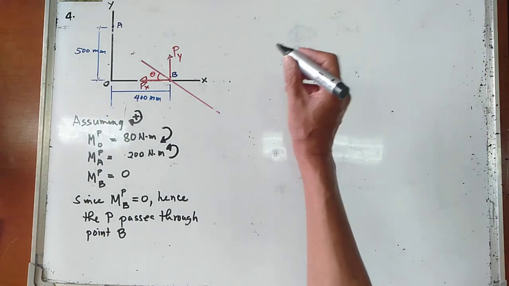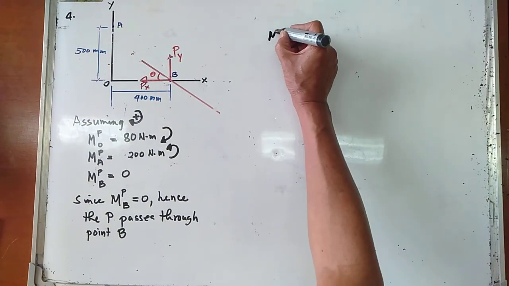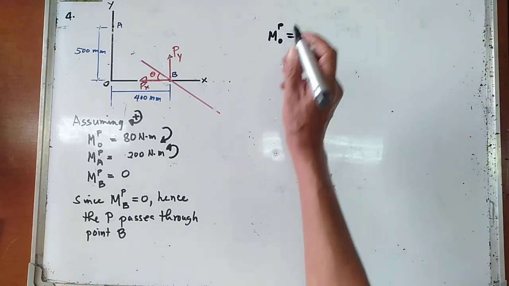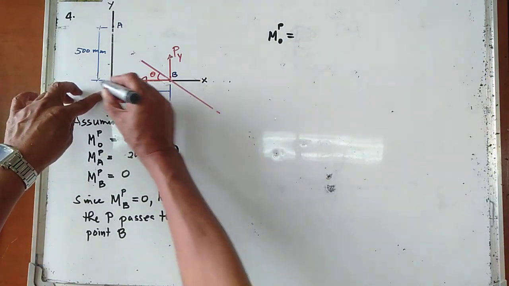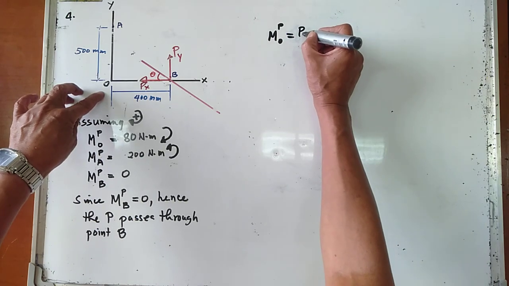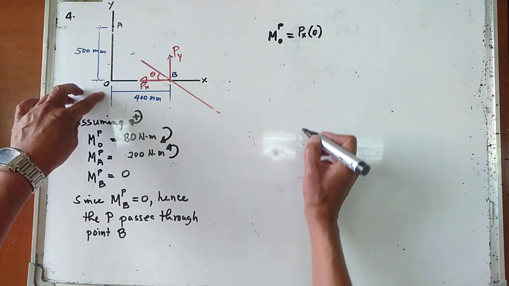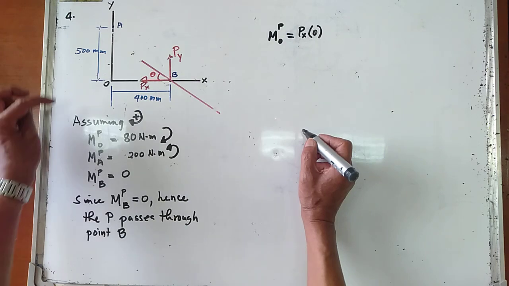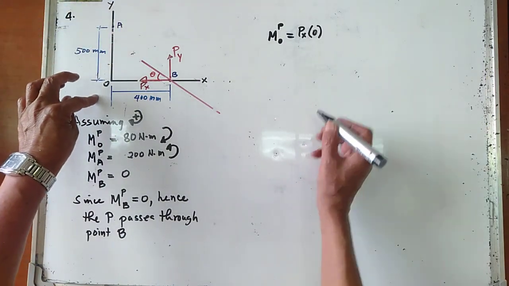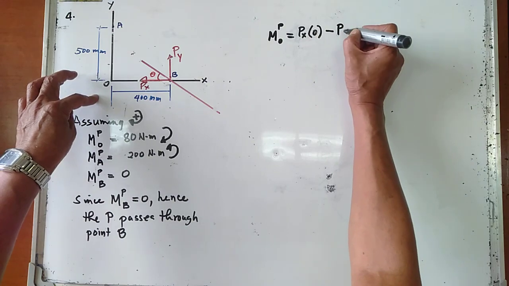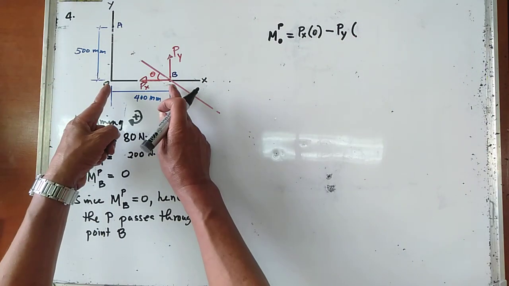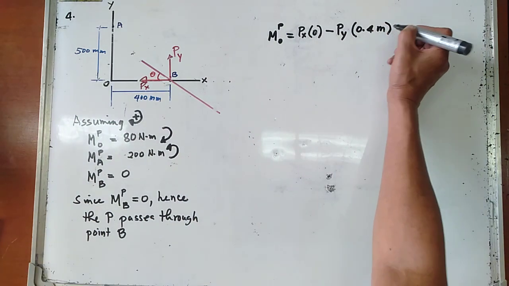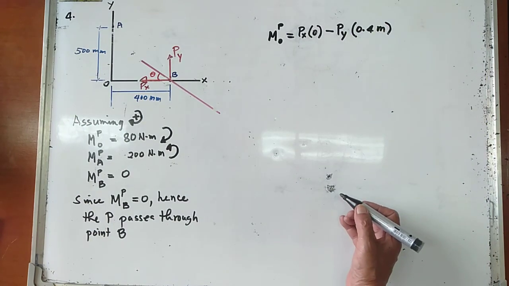So we now have the moment of the force P about point O. Again, Px has no moment, so that is 0 because it passes through point O. Since we assume clockwise moment to be positive and Py is going counterclockwise, that is negative Py multiplied by the moment arm, which is 400 millimeters, or 0.4 meters.